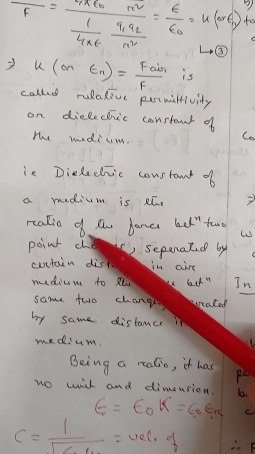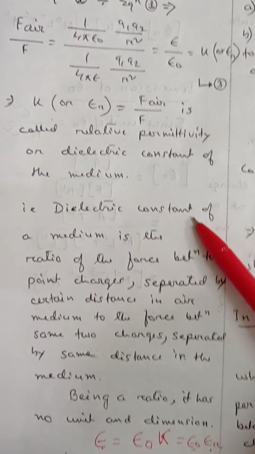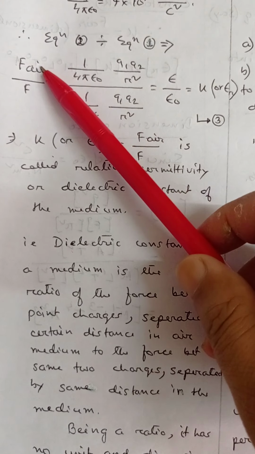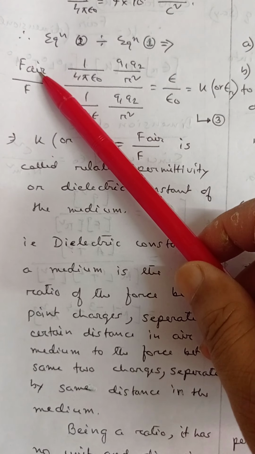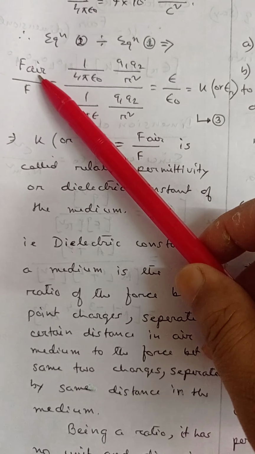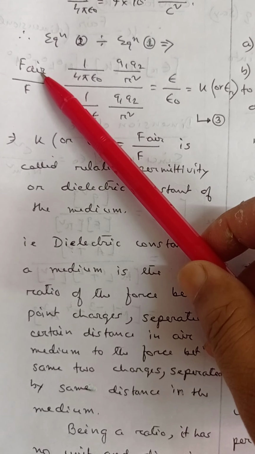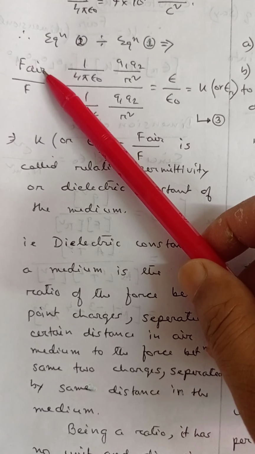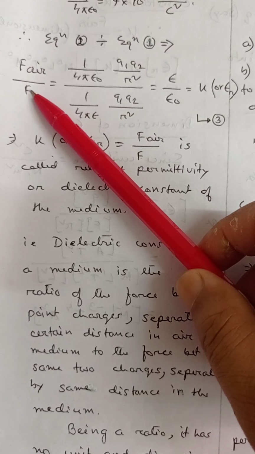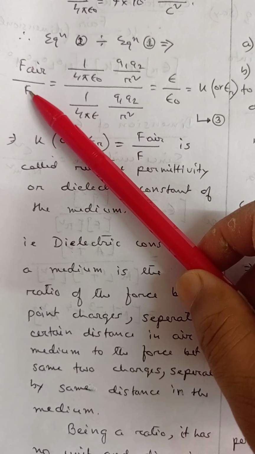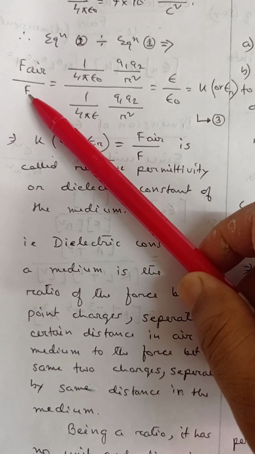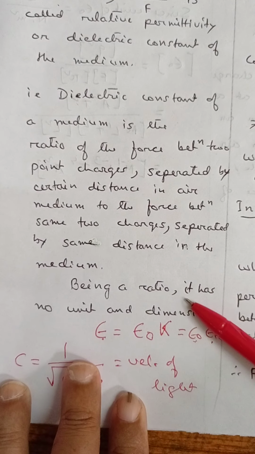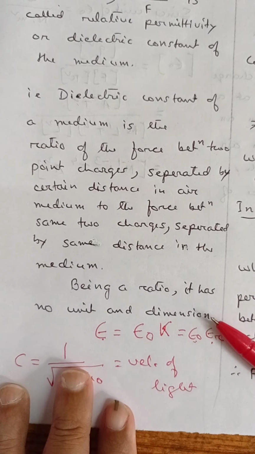Therefore, the dielectric constant of a medium is the ratio of the force between two point charges separated by a certain distance in air medium to the force between the same two point charges separated by the same distance in that medium. Being a ratio, it has no unit or dimension. Okay?